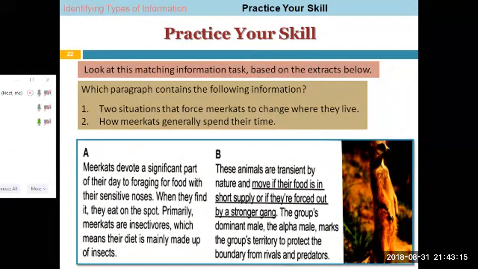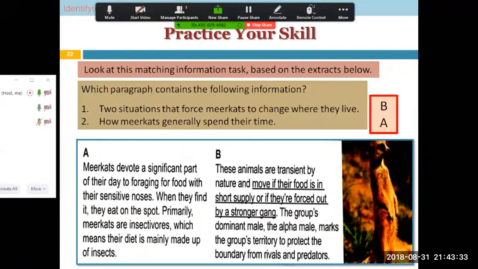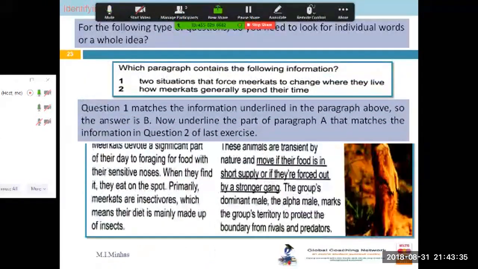Sir, for looking for food, in search of food with their smell. Right.